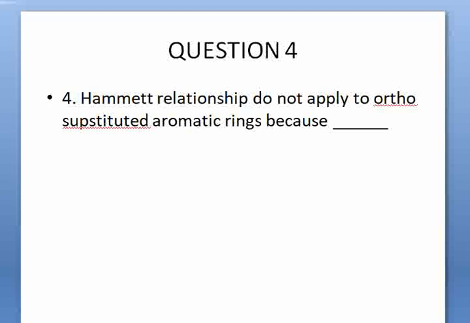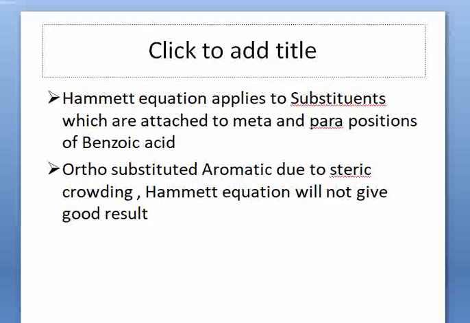The Hammett equation applies for substituents attached at the meta and para positions of benzoic acids. But if the substituent is in the ortho position, what will happen? There is steric crowding.